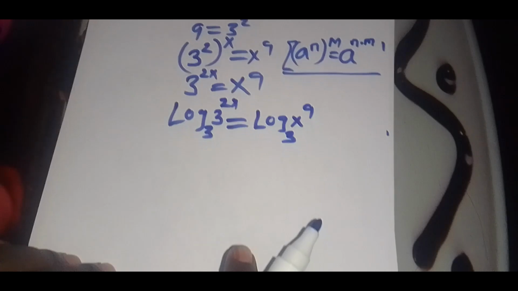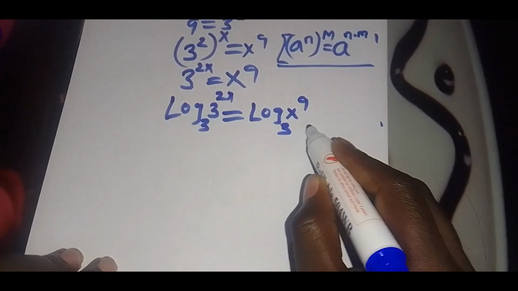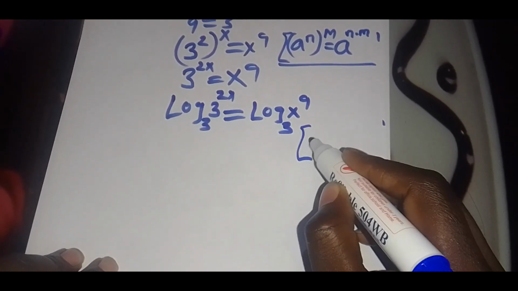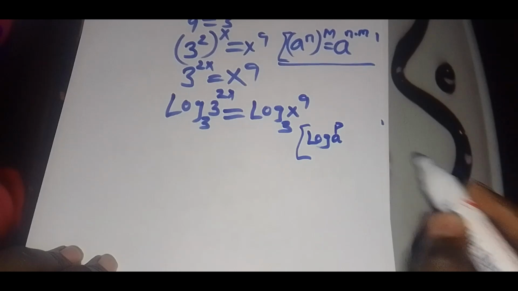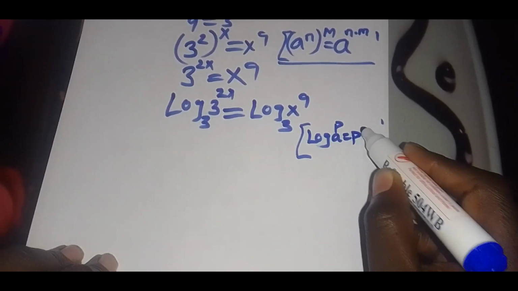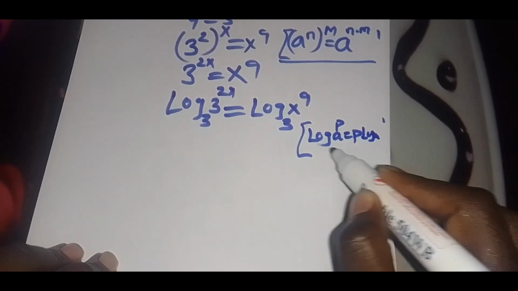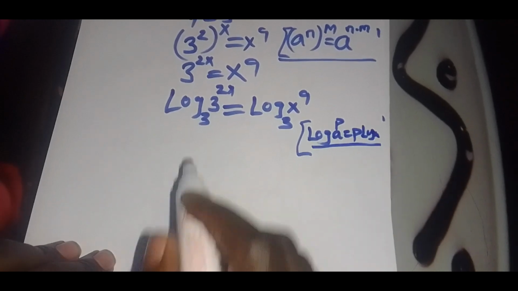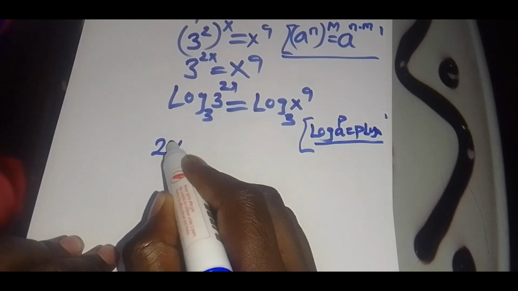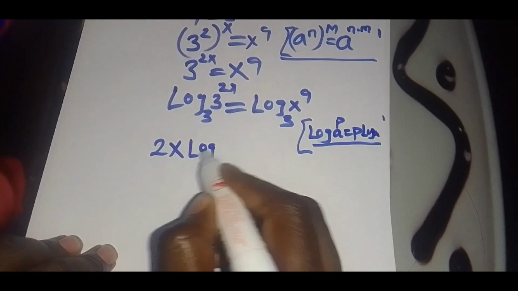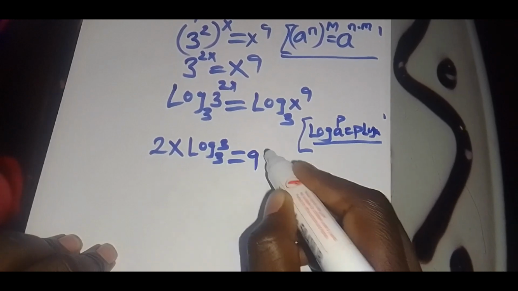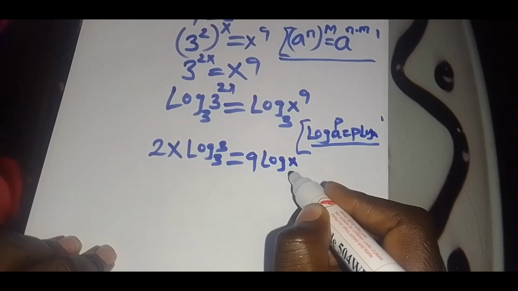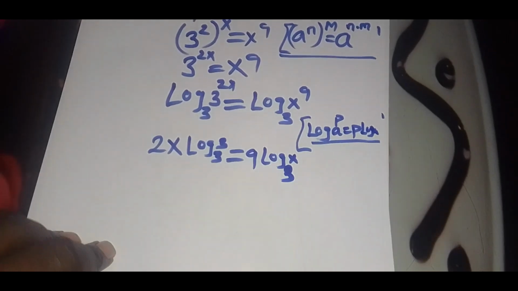Alright, so now, applying the identity that if you have log a raised to power p, this can be expressed as p log a. So let's apply this identity so that we're going to have 2x log 3 to base 3 equal to 9 log x to base 3.